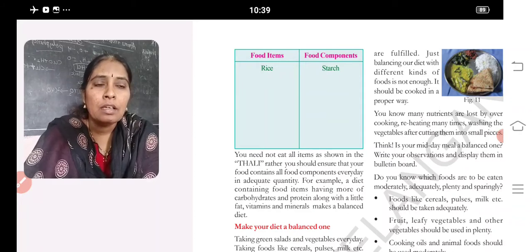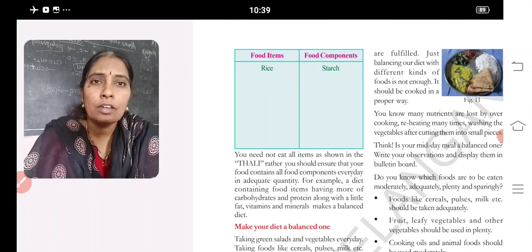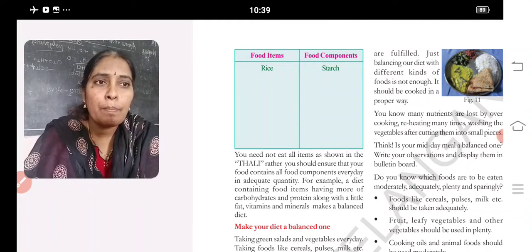And how will you make your diet a balanced diet? Taking dal, rice, chapati, seasonal fruits, salads and curd, which has a little bit of fat. Including all these types of food items, you can make your diet a balanced diet.